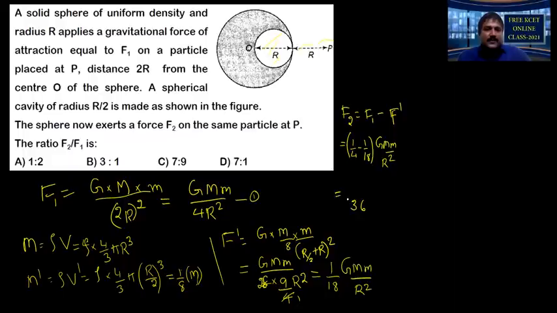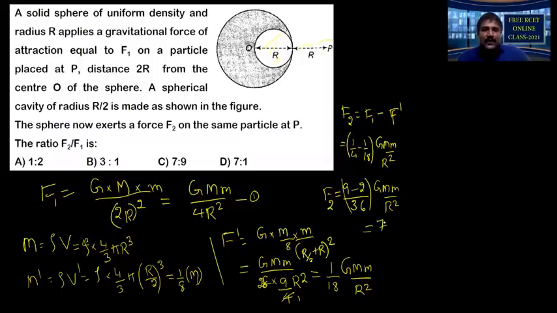Now simplifying this, 36 is the common denominator. 4 here, 9, 36. So 9 minus, directly you can write here 2. So this is 9 minus 2 by 36, G M m by r square. Next, 9 minus 2 is 7. To compare with F1, here the LHS is F2. Agree? It is F2.